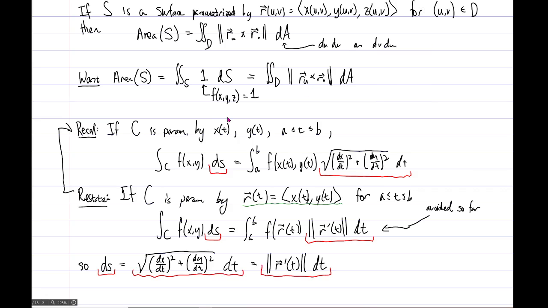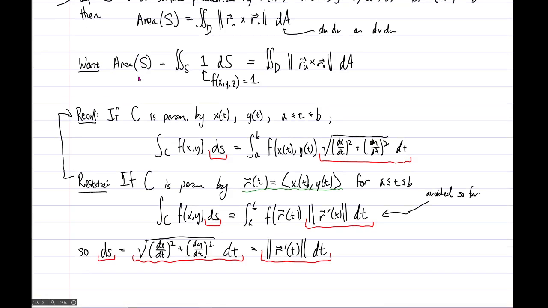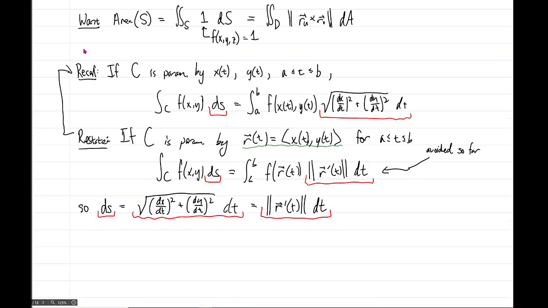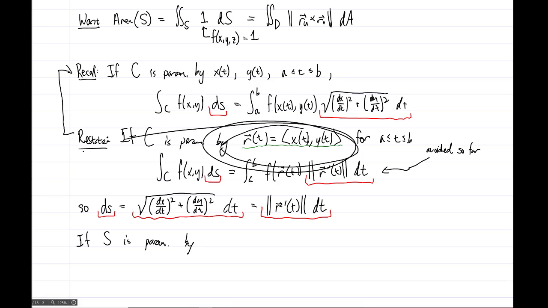Now, what we're going to do is go back to this surface parameterized here. In fact, let's just restate this. This was for the area. What we're going to try to do is make an analog to this. So if you have a surface S, and S is parameterized by a vector function, I'm trying to make this sound as much like what we have right here as possible.